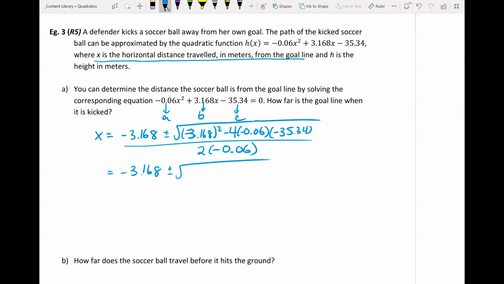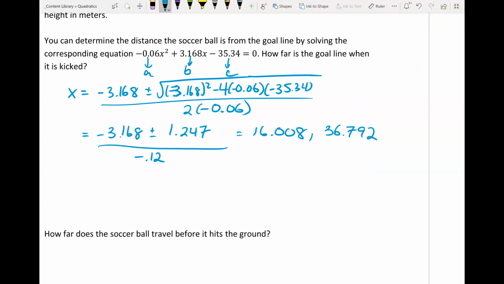So if you plug all of this into your calculator, what's inside here, you should get 1.247 after you even take the square root of it. Then you want to multiply your denominators together. So you will get 16.008 and also 36.792. So these are our roots for our quadratic equation.